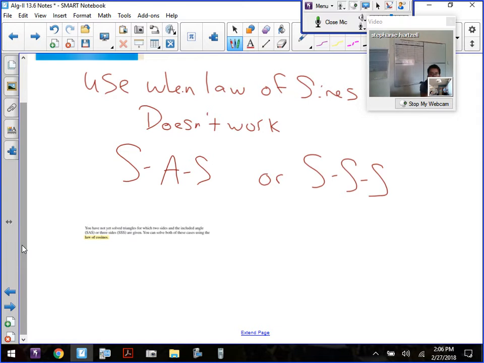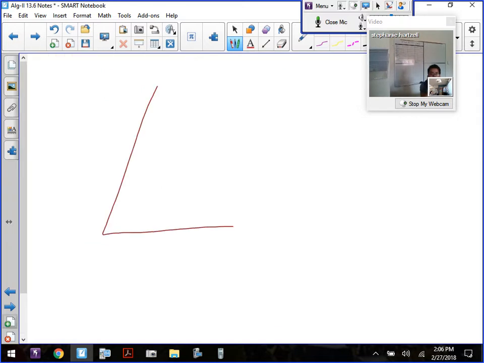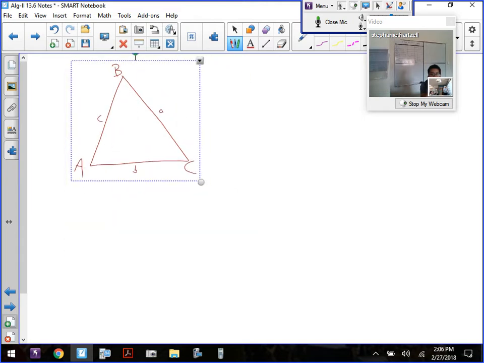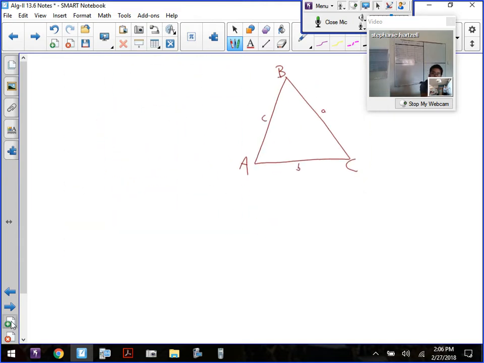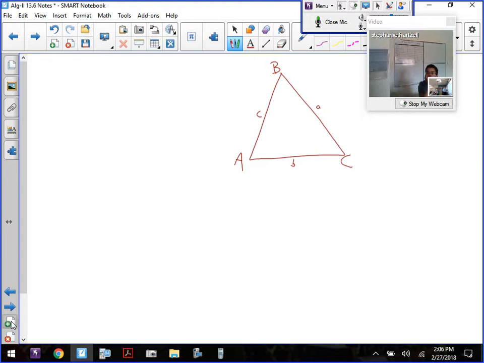Do you remember what law of cosines looks like? Awful, kind of. When you have law of cosines, you wind up with three different versions, and the letters alternate through.